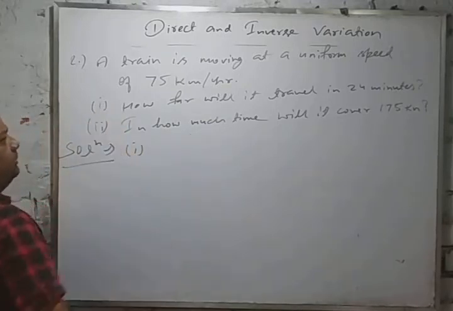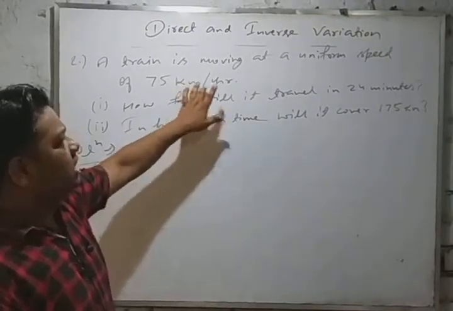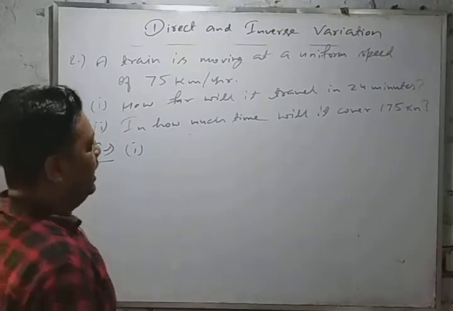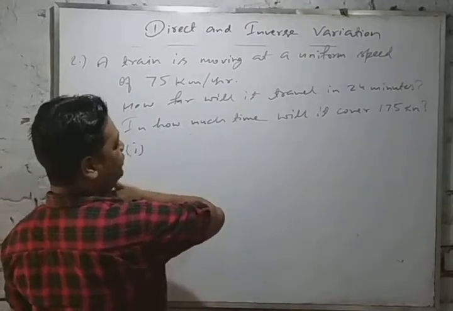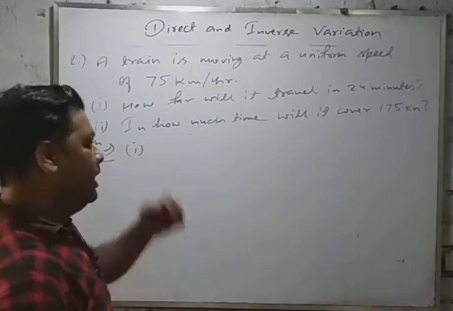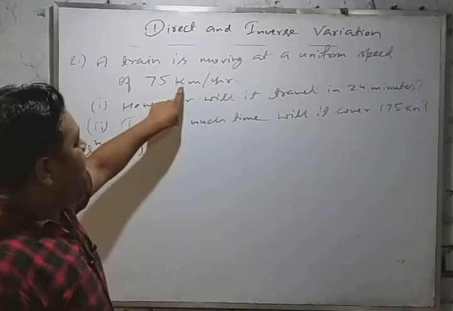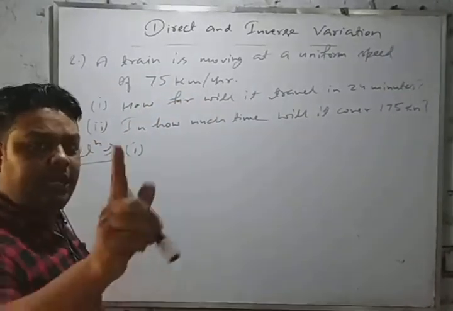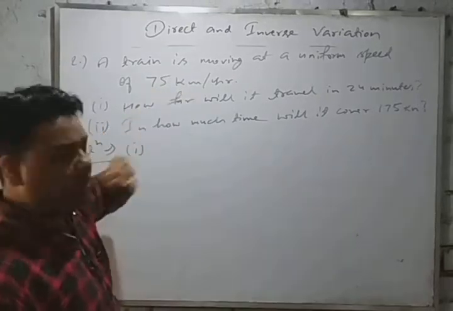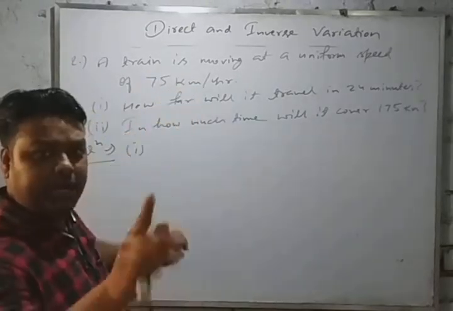In question number 1, speed is already given for both questions. What we have to find in the first question is how far, that is, the distance. And what is given is time. 75 kilometer per hour means a train has covered a distance of 75 kilometer in 1 hour.